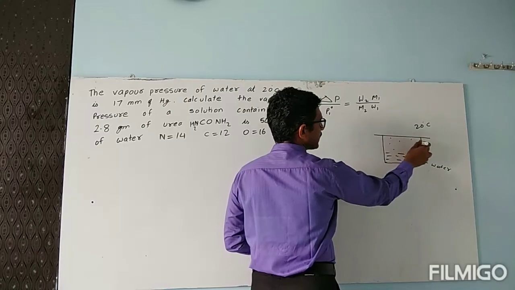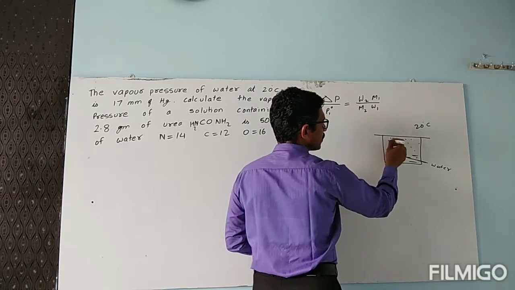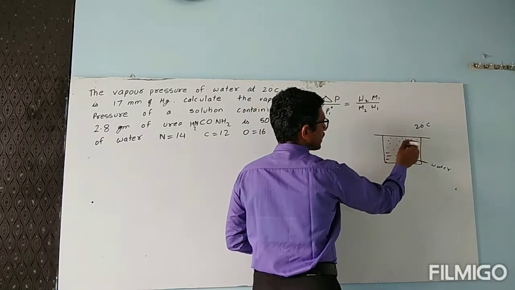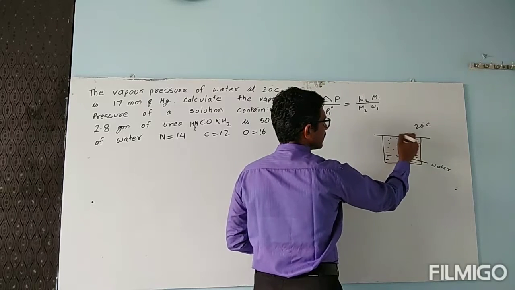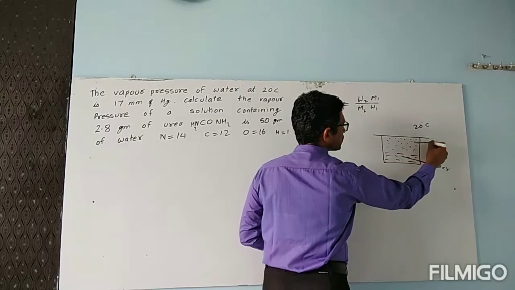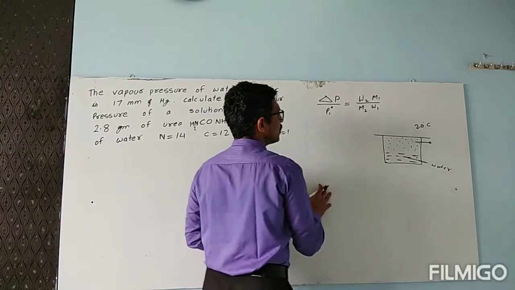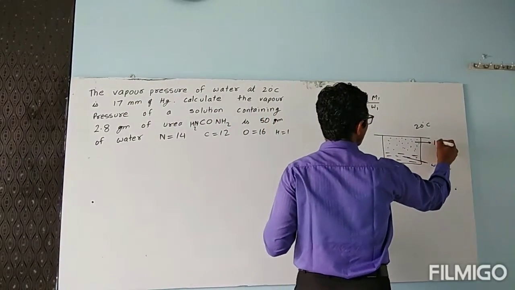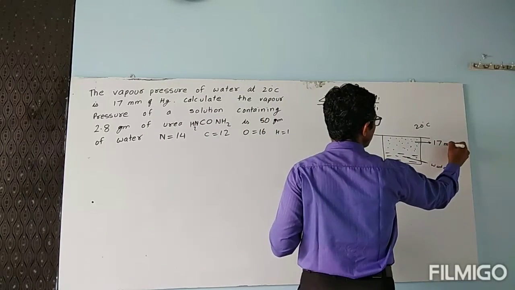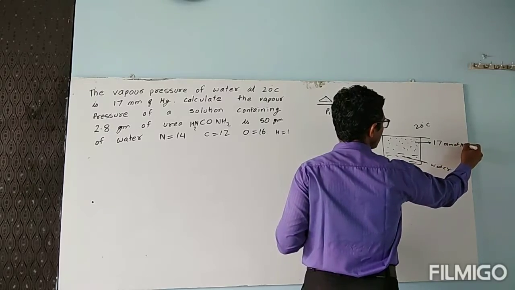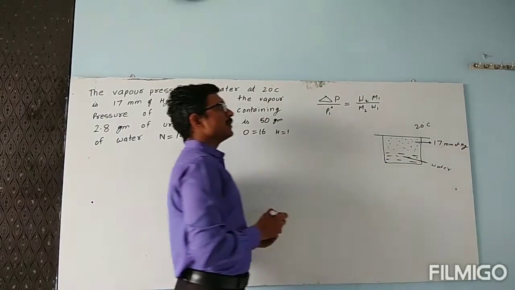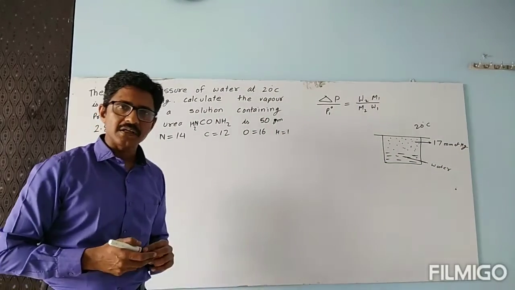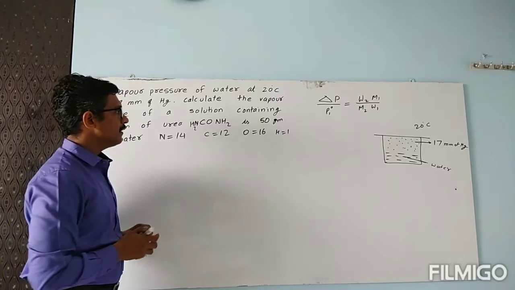Now the vapor particles which are present will generate some pressure, that is known as the pressure of these vapors, that is vapor pressure, and its value is how much? 17 millimeter of mercury, which is a unit to measure pressure.